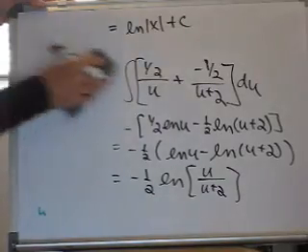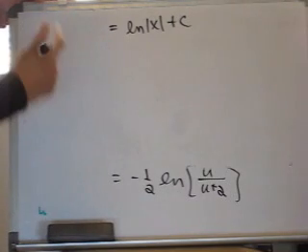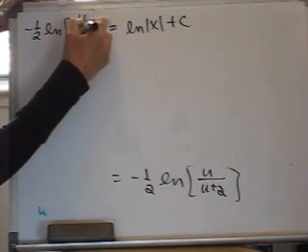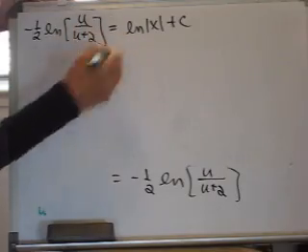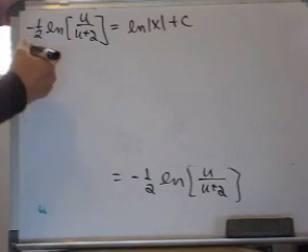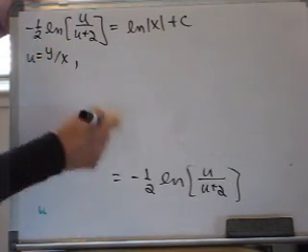So putting in what that integral is on the left-hand side, I'm going to get -1/2 ln of u over u plus 2 is equal to ln of absolute value x plus c, and then u was y over x, and that was my substitution.